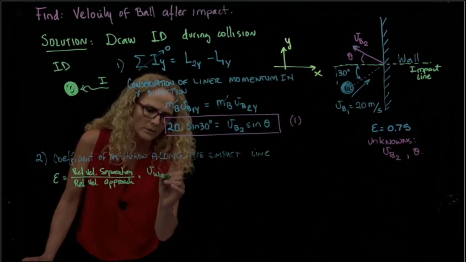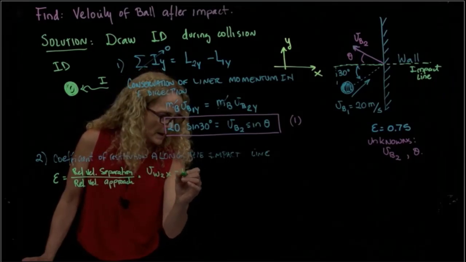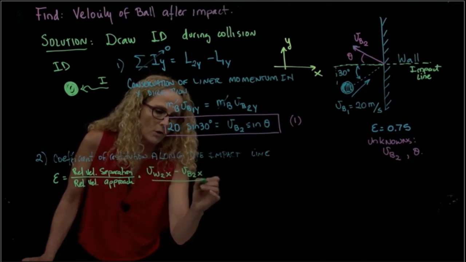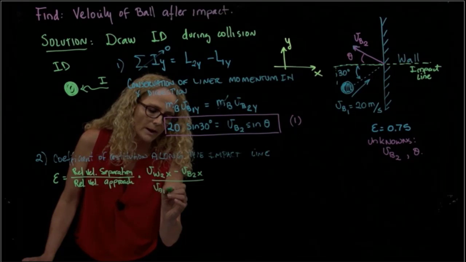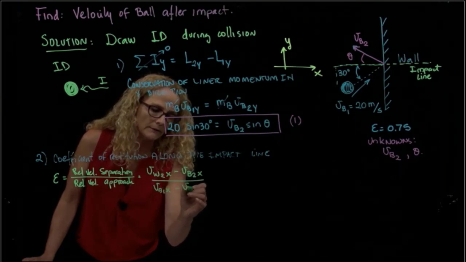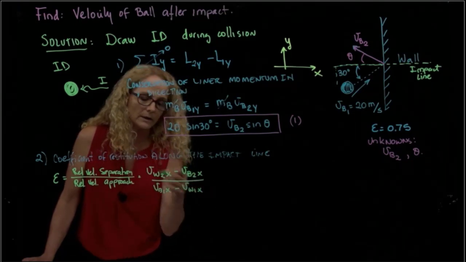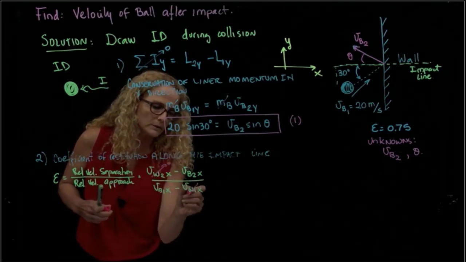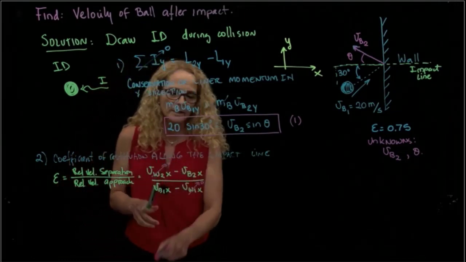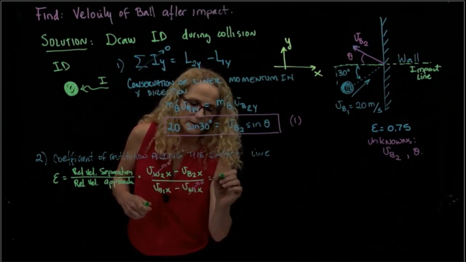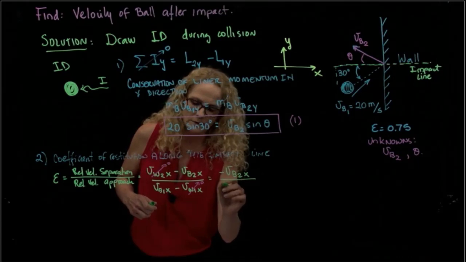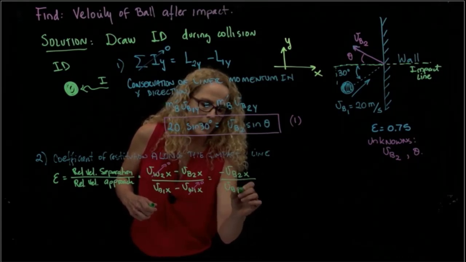That's the velocity of the wall in x minus the ball 2 in x over the ball 1 in x minus the velocity of the wall in x. Obviously, the velocity of the wall is 0 in both cases. So we can get here that this is negative velocity v2x over velocity v1x.